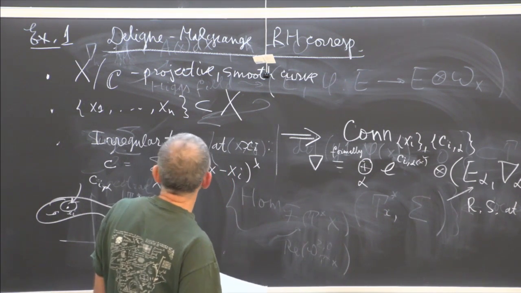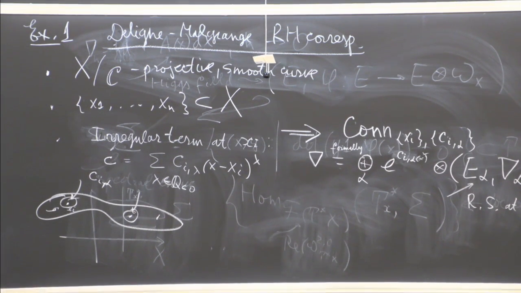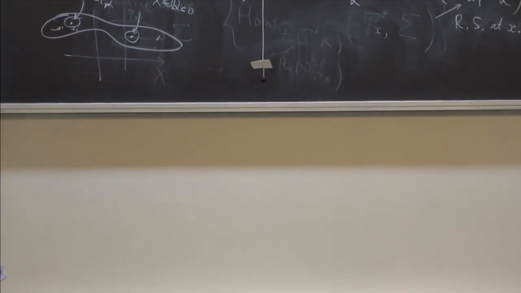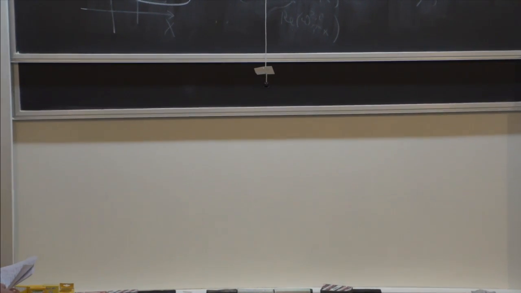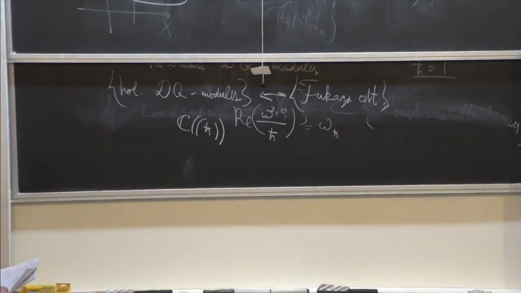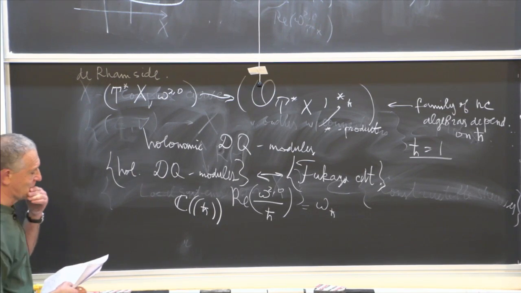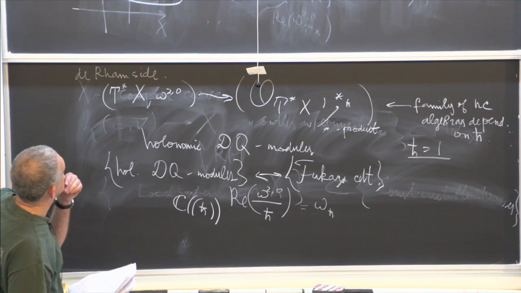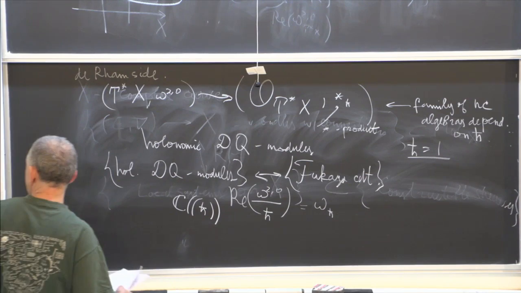Now, how to move from this picture to something of Fukaya type? Maybe I should first recall what this Deligne-Malgrange Riemann-Hilbert is.